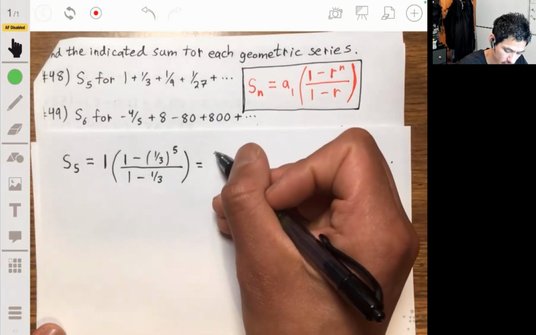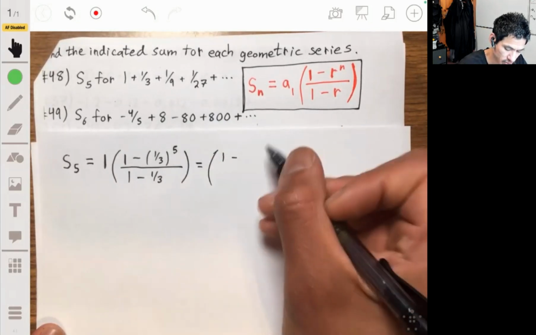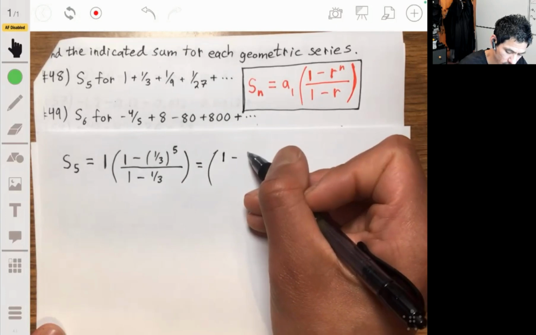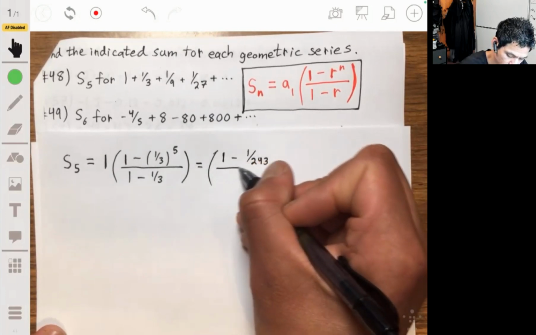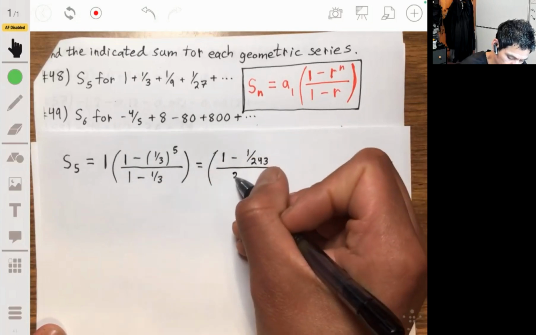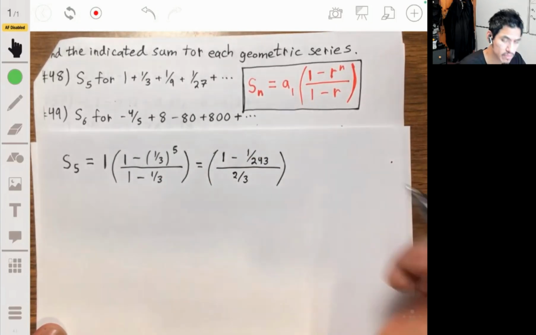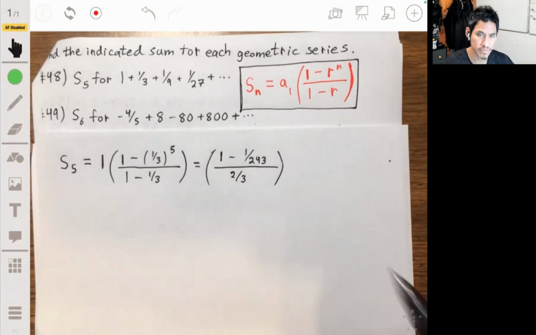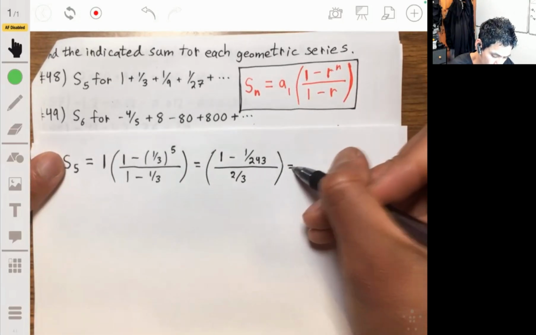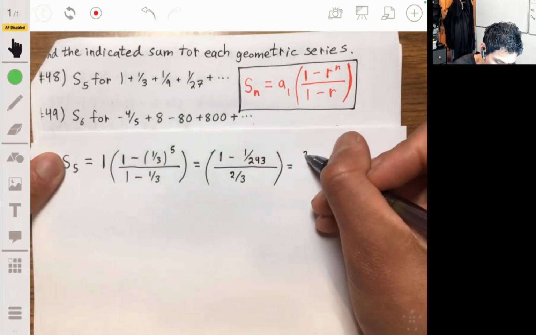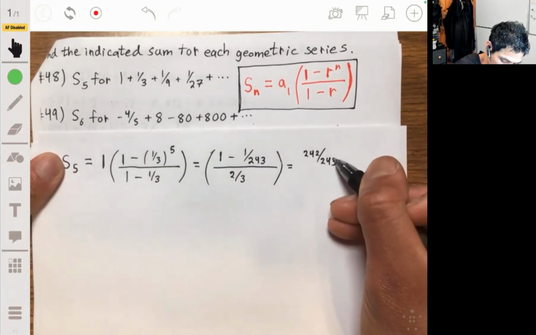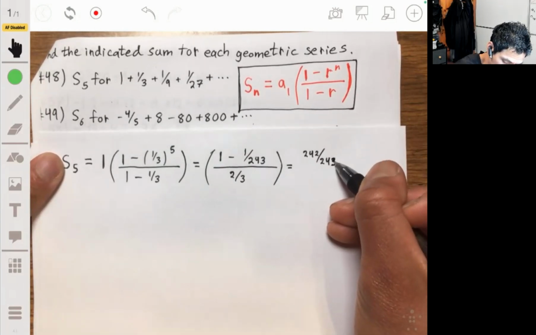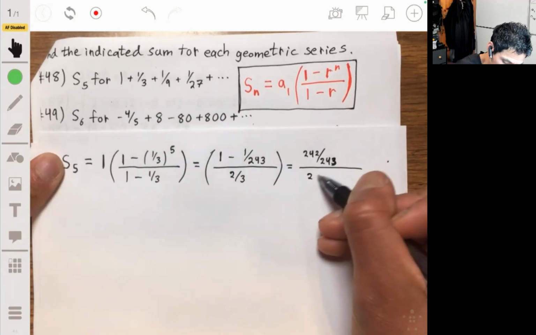So we're just going to have 1 minus 1/3 to the 5th. 1/3 to the 5th is going to be 1 over 243. 1 minus 1/3 is 2/3. 1 minus 1/243 will then be 242 over 243, all over 2/3.